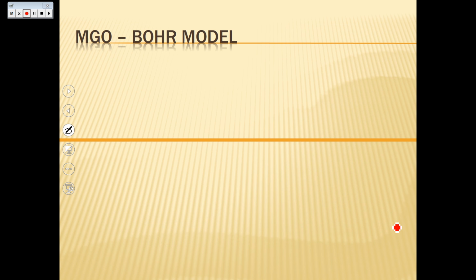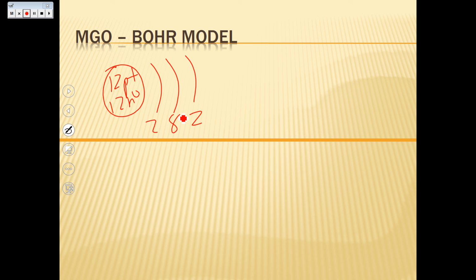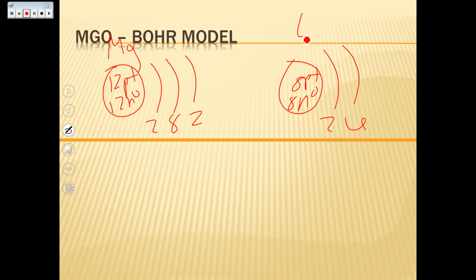Let's take a look at MgO. MgO, magnesium Bohr model, is 12 and 12. 12 protons, 12 neutrons. Configuration is 2, 8, 2. This is Mg. Oxygen is 8 protons, 8 neutrons. And its configuration is 2, 6.